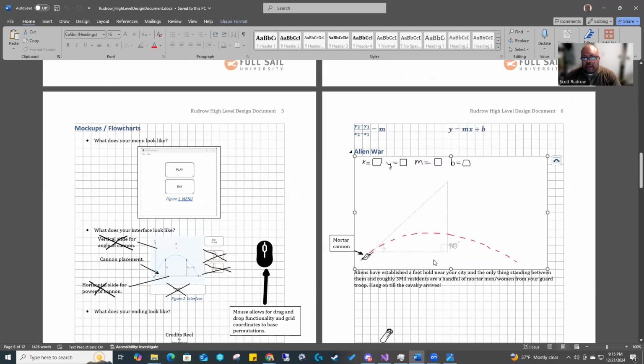That is what we would be testing, whether or not those parabolic arcs are effective, and whether or not the controls are effective in controlling the parabolic arcs.